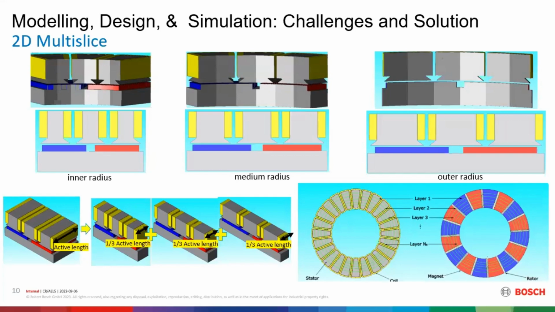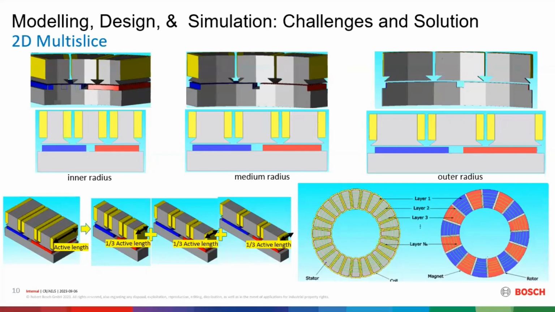Maybe you have already noticed that the magnet width and the teeth width vary in this radial direction, while the slot width remains constant. If you only model it with one layer, the middle layer, then this variation cannot be captured.